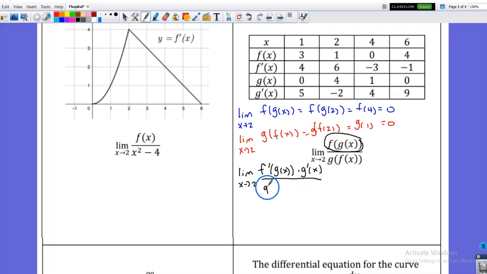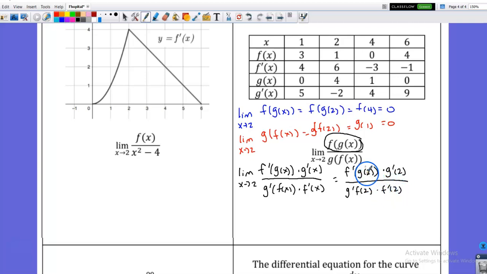The derivative of g is g prime, leave the inside alone, take the derivative of the inside, there's my f prime of x. Now we're going to substitute in all of the 2, so that'll give me f prime of g of 2 times g prime of 2, over g prime of f of 2 times f prime of 2.